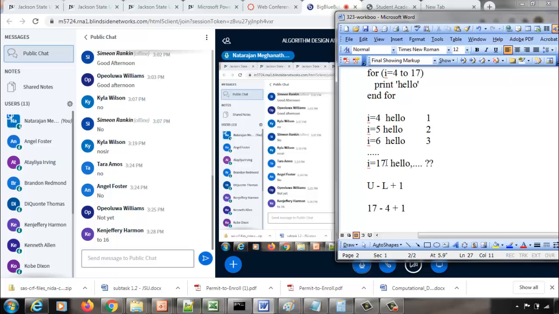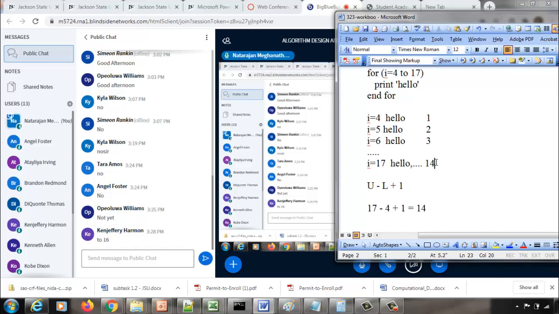You may say 17 minus 4, but that will exclude one of the extremes. To include the extreme value also, we do plus 1. So 17 minus 4 plus 1 is 14. So we are going to print it 14 times.